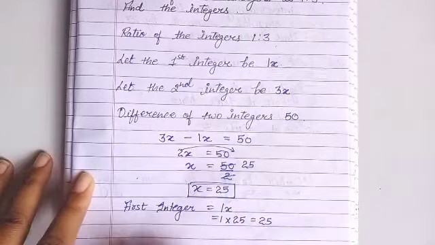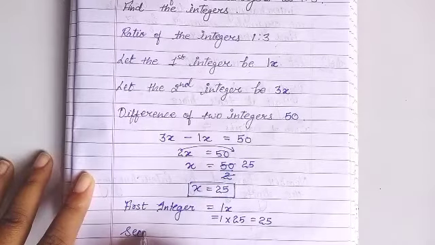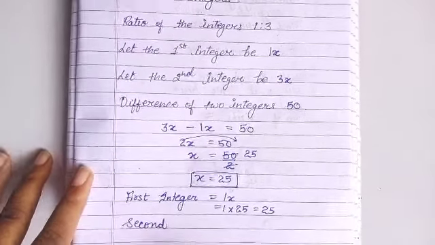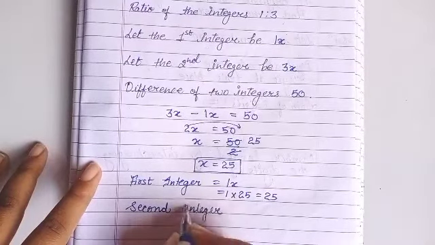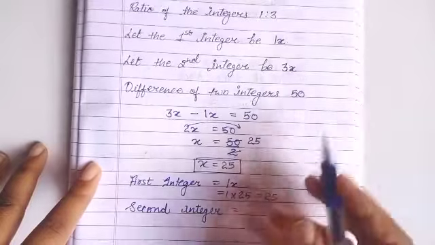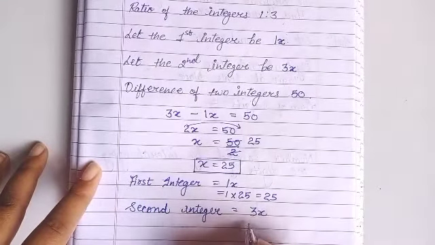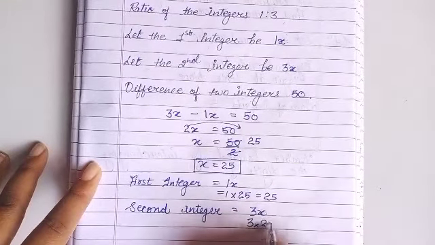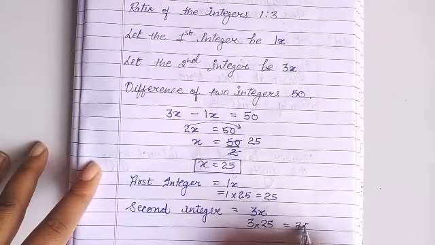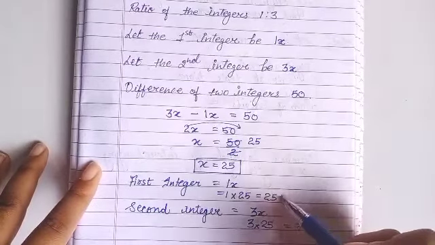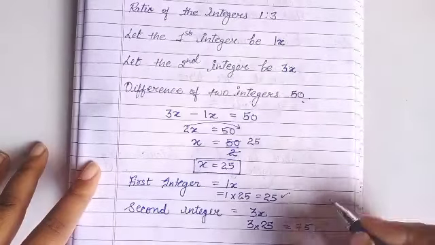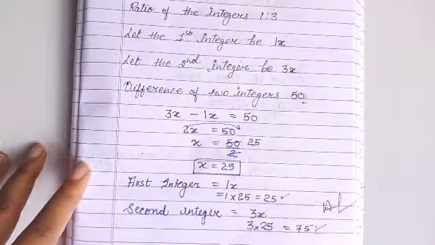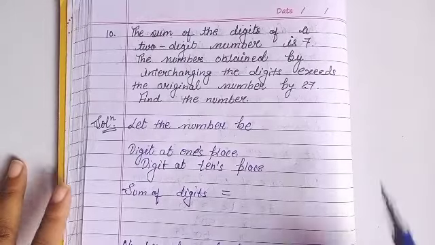The second integer was 3x. So 3 into x, which is 25, equals 75, right? So these were two integers whose difference is 50. This is your answer.